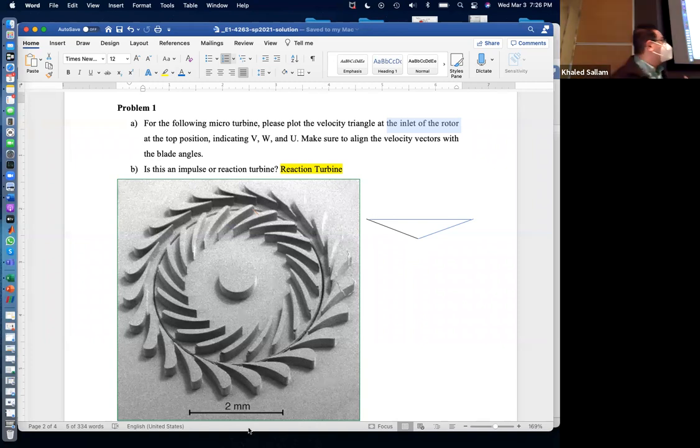Notice how small this turbine is. This turbine actually was made at MIT. When I was a graduate student back in 1997, a professor came to us in Michigan from MIT and he was showing us those new turbines, and there was a lot of hype about it. Everyone was so excited that we can make a turbine that small.